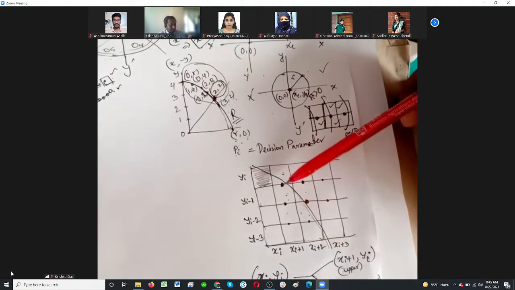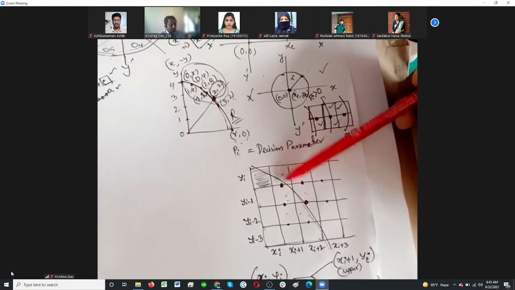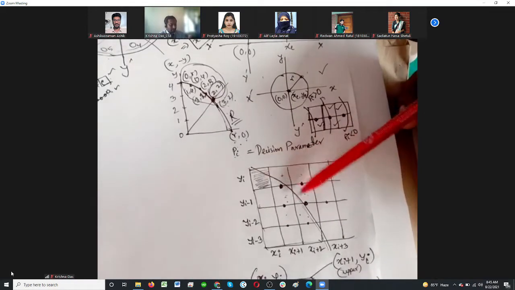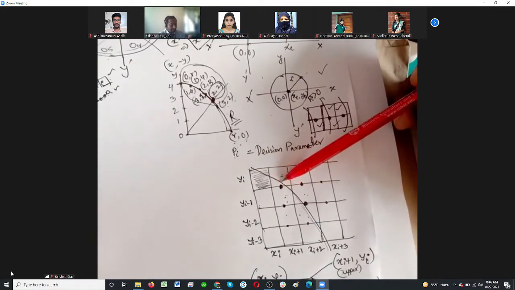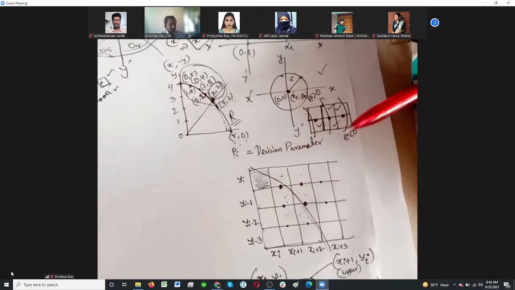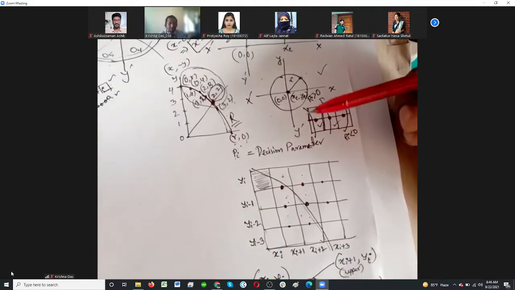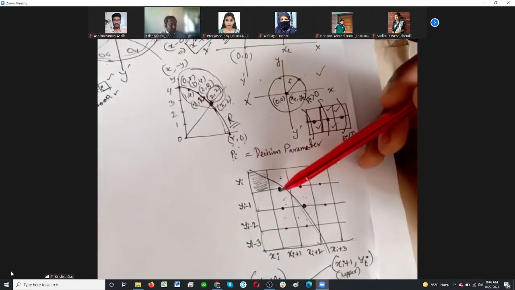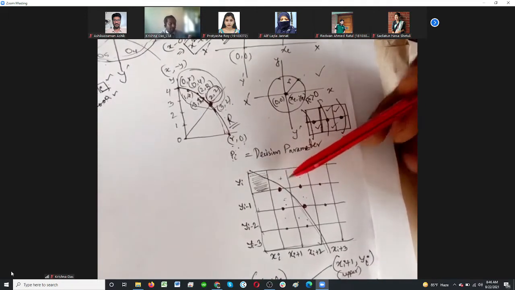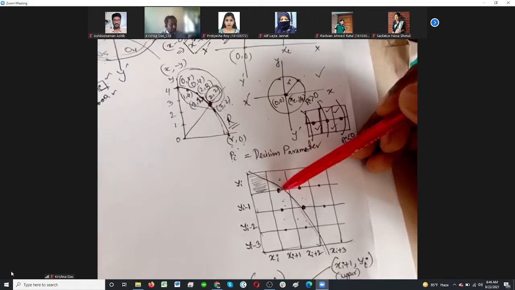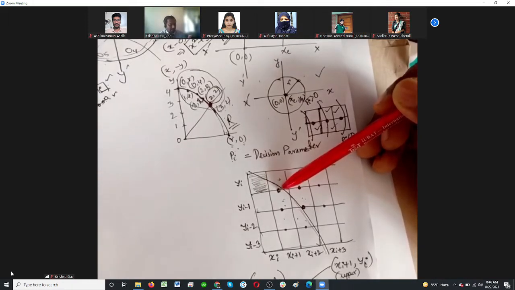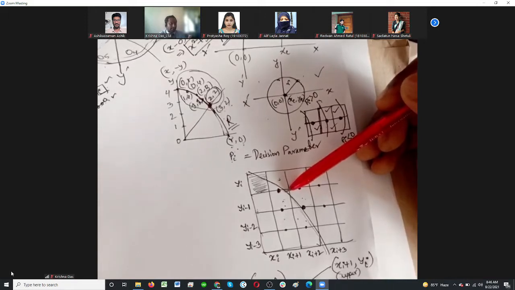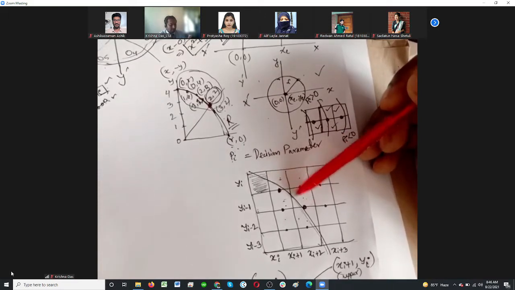Now how can we find which of the two pixels should be selected? The midpoint concept is considered here. They identified the midpoint between those two pixels, and that midpoint has a relationship with the circle.